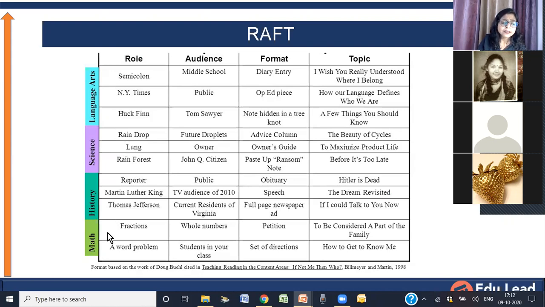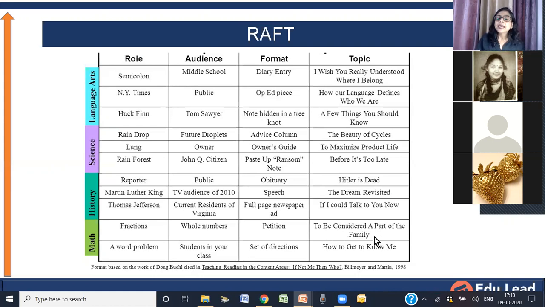Then, for example, history: you're a reporter, you are addressing the public, and it's in the form of an obituary, and the topic is "Hitler is dead." Maths: you're fractions, addressing a group of whole numbers, and it is in the form of a petition, and the petition is on the topic of being considered as a part of the family.